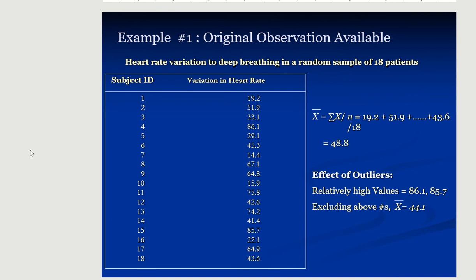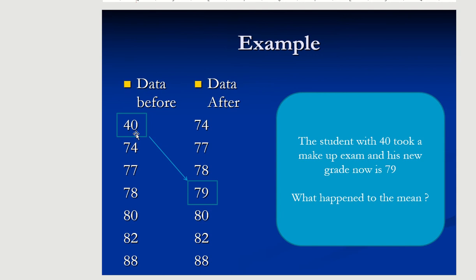Okay, and that could be true if you have a set of data with small values. So here's another example. In this example, we had, let's say, an exam, and 1, 2, 3, 4, 5, 6, 7 students. Their grades were 40, 74, 77, 78, 80, 82, and 88.